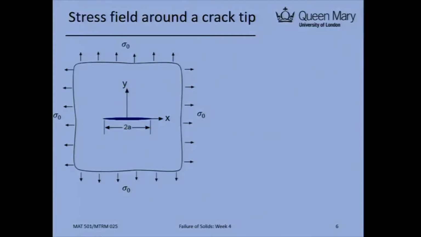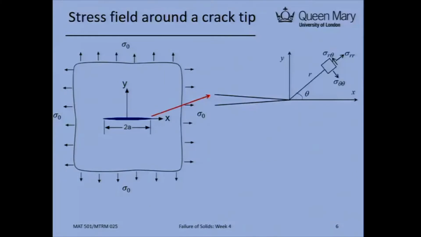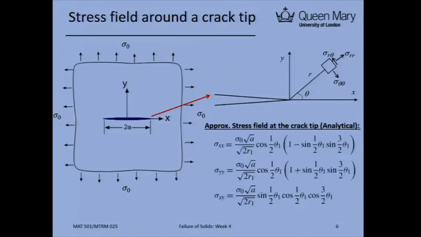For a very sharp crack tip, people have developed a more accurate solution for the stress distribution than the Inglis one. The analytic solution is still an approximate solution, because they have removed some high order terms.